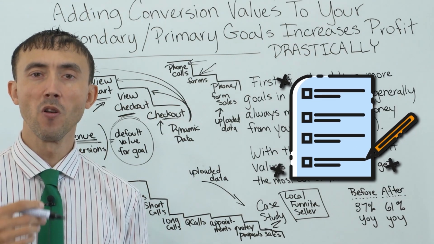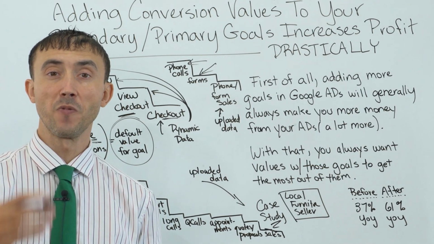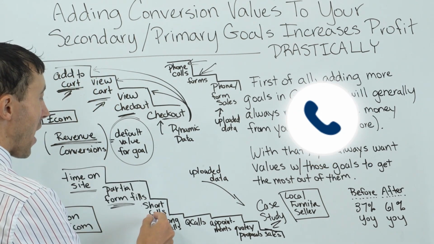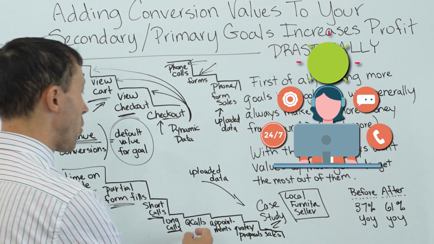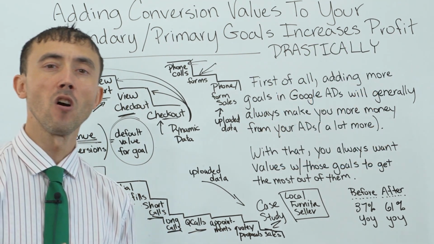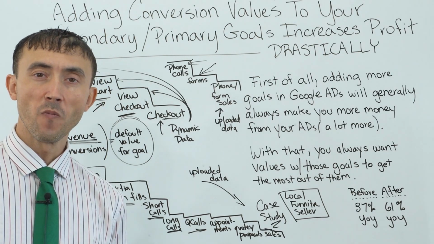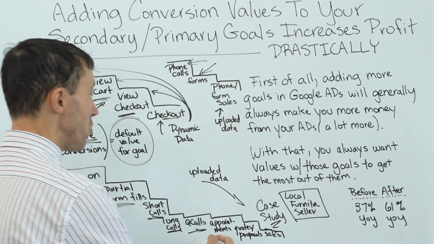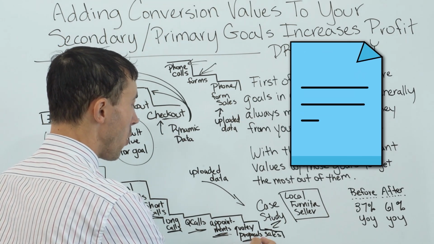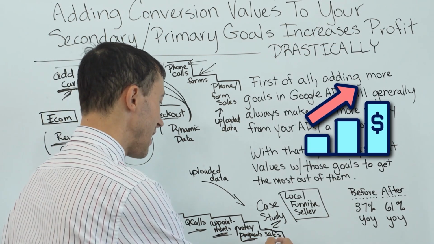You track full form fills, so they actually filled out the entire form. You track short calls, under 30 seconds. You track longer calls. You track qualified calls. You verify the call itself or form fill was asking about the things that you actually can do. Then you track appointments separately. You track quotes or proposals separately, and you track sales separately.